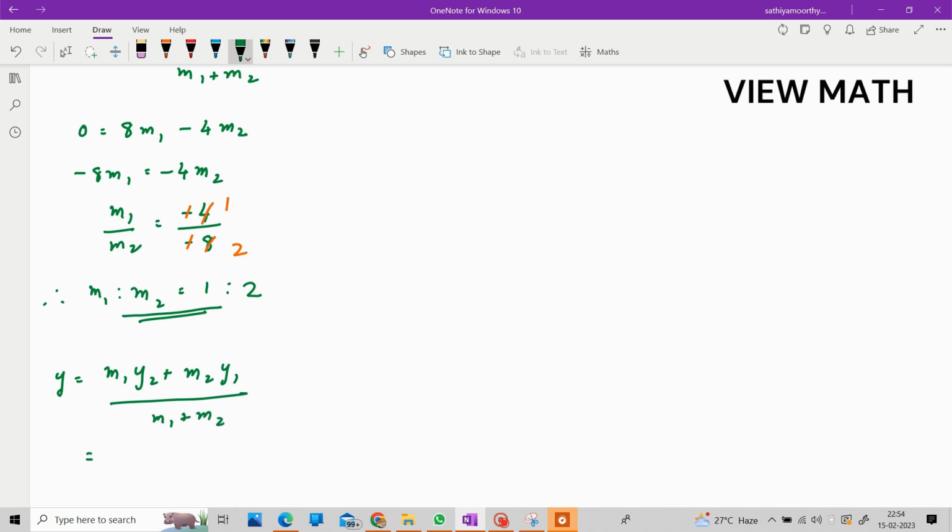Just now we found out the ratio: m1 is 1 and y2 is minus 3, plus m2 is 2 and y1 is 6, divided by m1 plus m2, so it is 1 plus 2. So this is equal to minus 3 plus 2 into 6 is 12, divided by 3. This is equal to 9 by 3. If I cancel, it becomes 3. So the y value is 3.